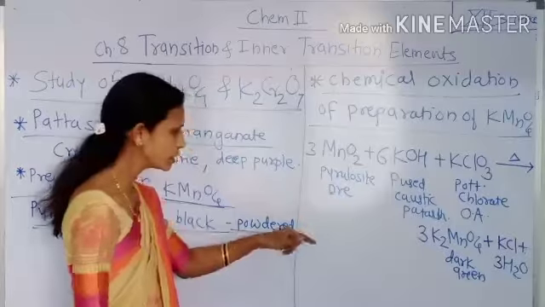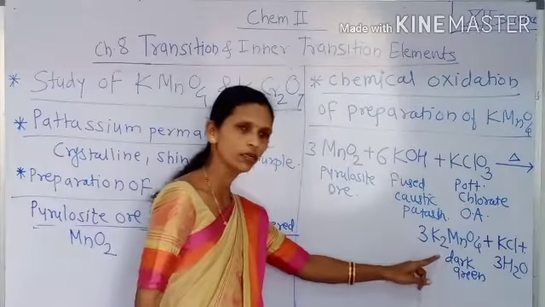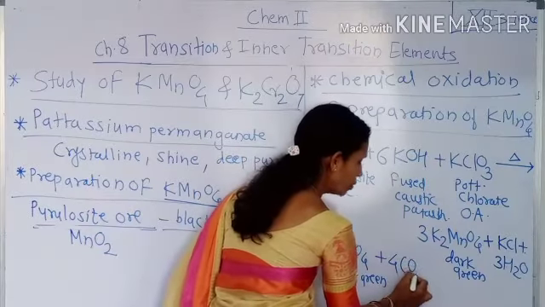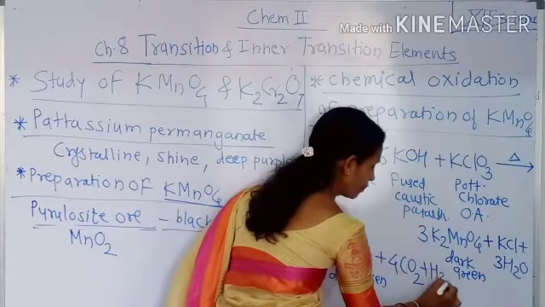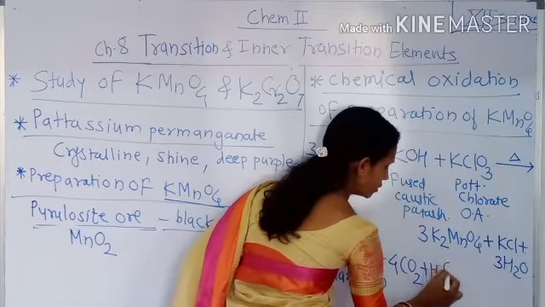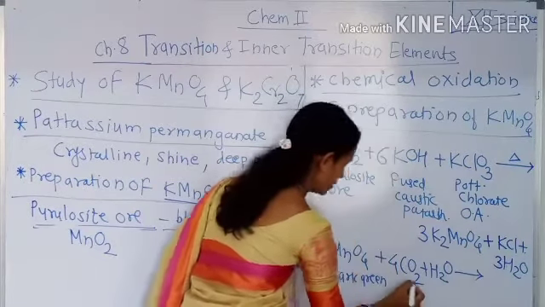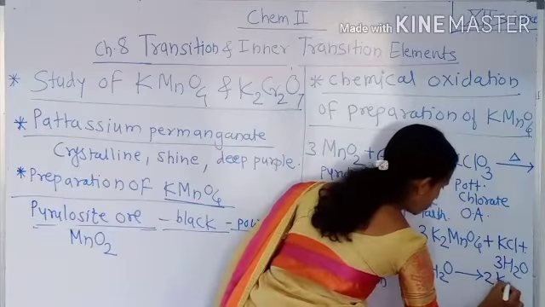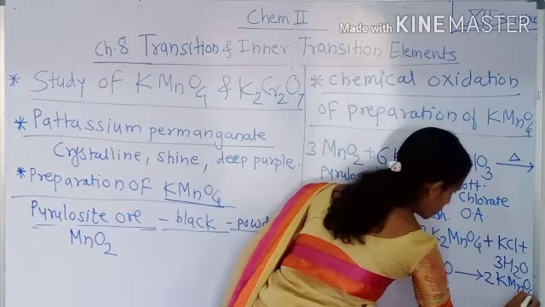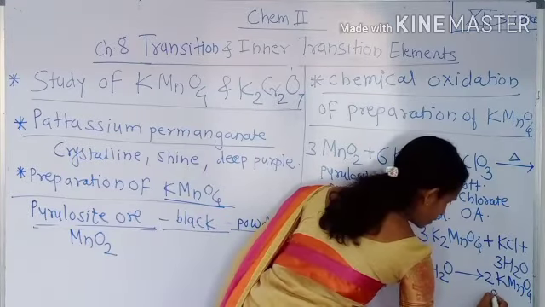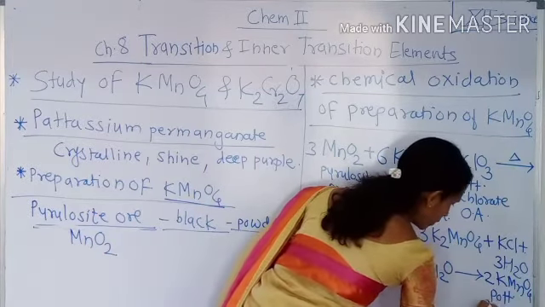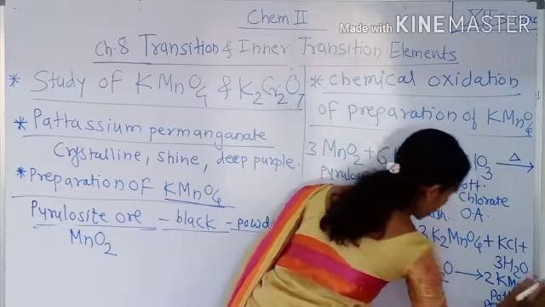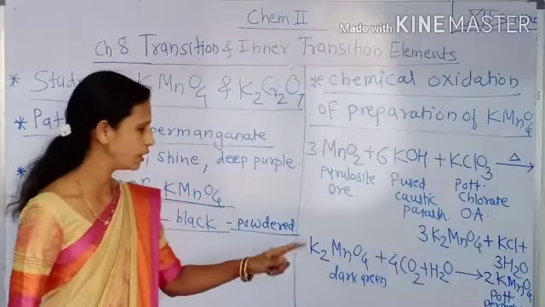Then the dark green colored potassium manganate, in acidic medium, that means CO2 plus H2O is used to make the solution acidic, is converted into KMnO4, that is potassium permanganate, which is deep purple in color.